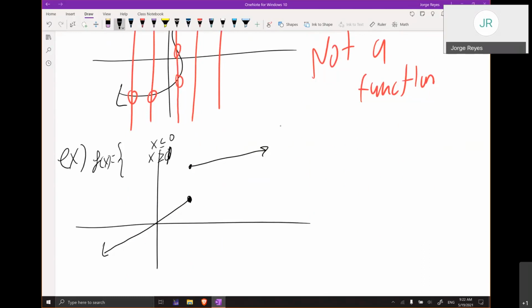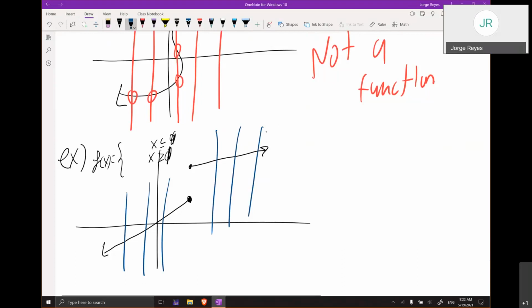If they both had equal to bars, then you put two closed circles. Then when you do vertical line tests, you're fine, except in this one single spot, you would fail the vertical line test.